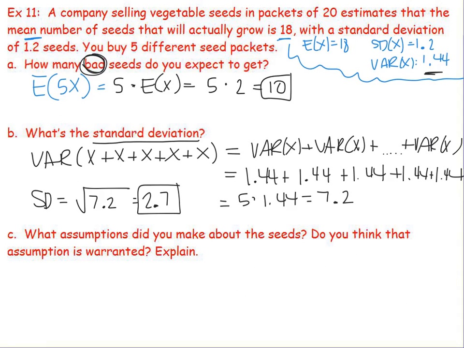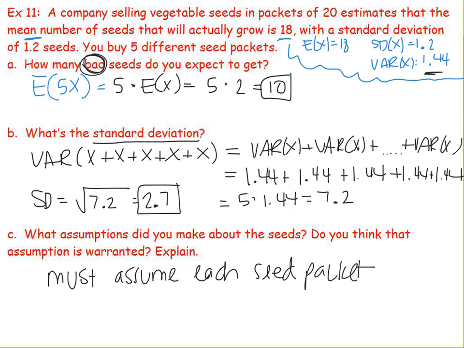That's what it means to be independent. So we must assume each seed packet is independent of the rest. So that's one huge assumption we have to make, and absolutely, yes, it is safe to assume that seeds don't affect each other.